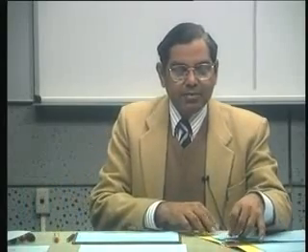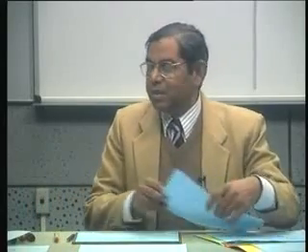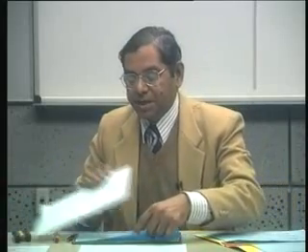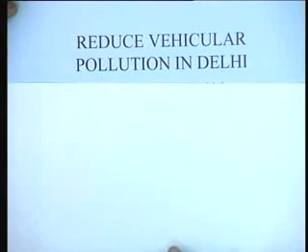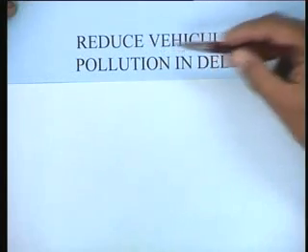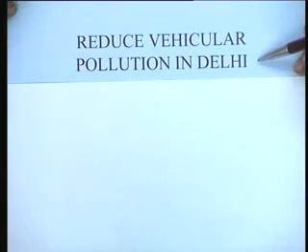So for that, let's think of a broad objective, and one objective that we can all probably work with is, let us look at this problem of reducing vehicular pollution in Delhi. This is our objective. Let us try to identify projects for this.